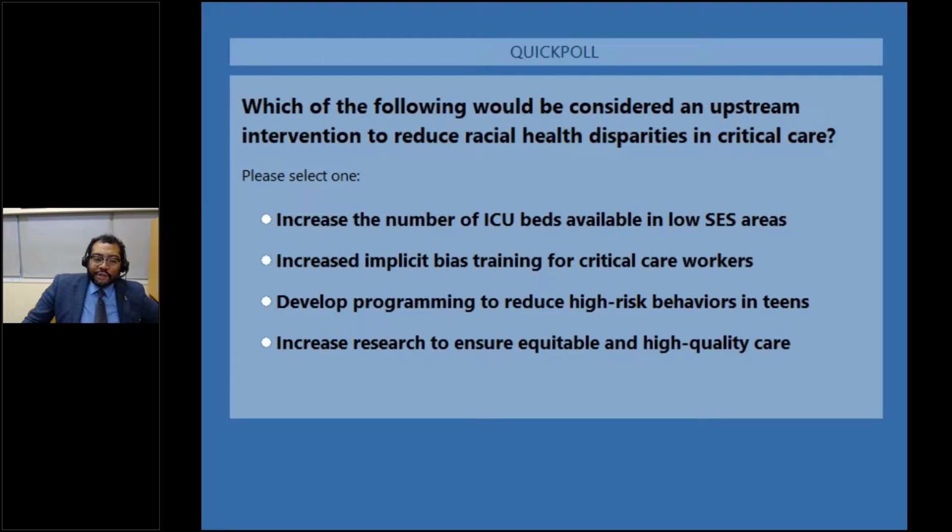So the answer choices are: increase the number of ICU beds available in low socioeconomic status areas, increase implicit bias training for critical care practitioners, develop programming to reduce high-risk behaviors in teens, and increase data collection and research to ensure equitable and high-quality care.